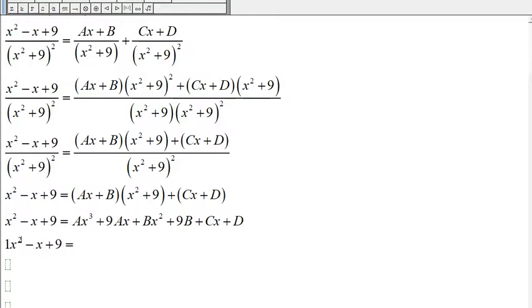So this is 1, this is 1, and since we have an x to the third over here on the right side, let's go ahead and put 0 x to the third here. And so over here we get ax to the third, and then plus bx squared.